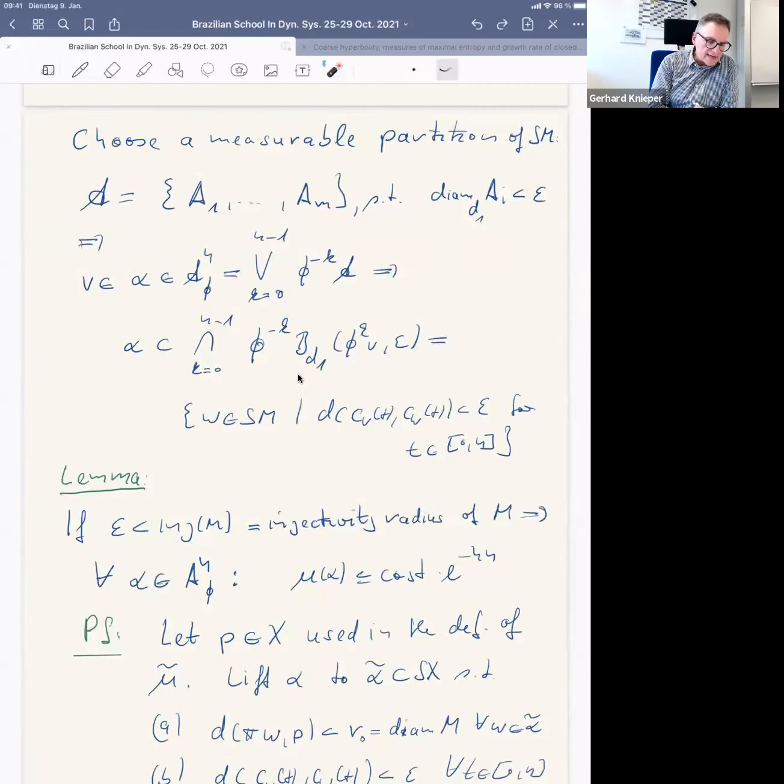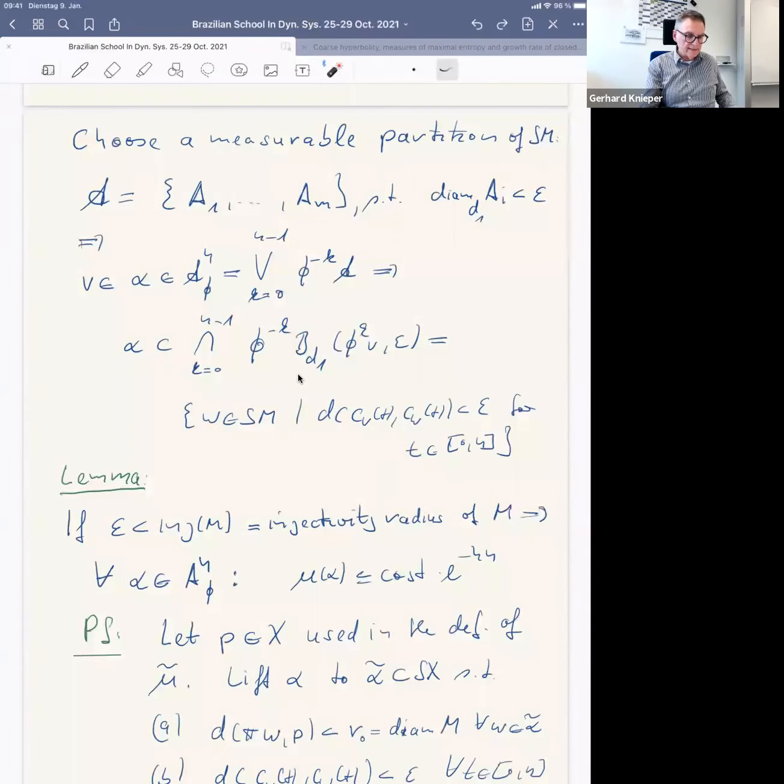In a more geometric way, it is the set of unit tangent vectors W such that the associated geodesic stays within epsilon of that of v for the time interval from 0 to n. So you take all vectors W such that the distance is smaller than epsilon.